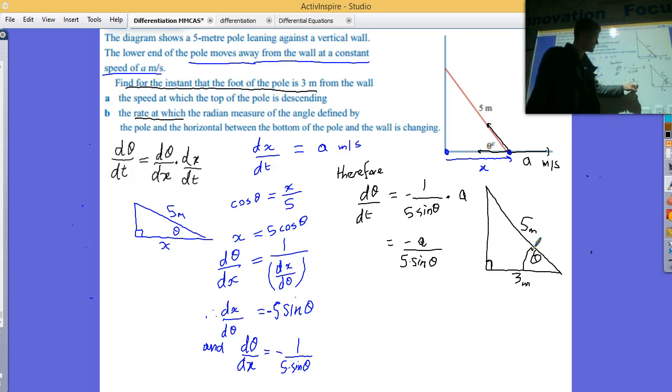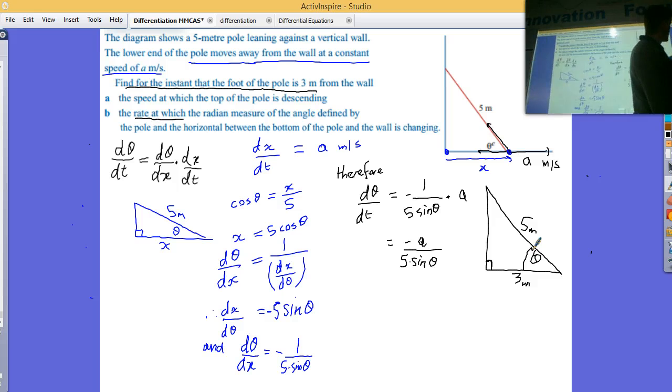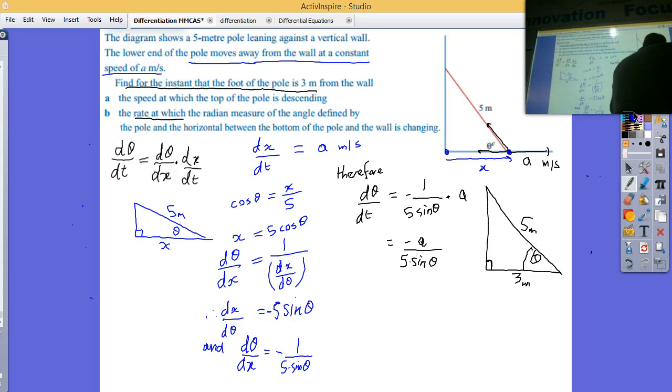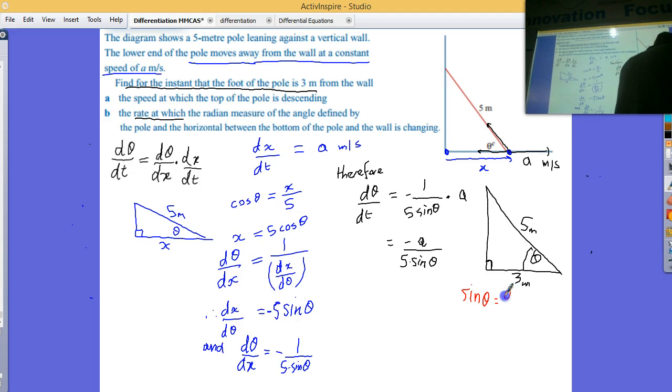If I've got sine of the angle here, I want to be able to replace that with a value. So I want to know, well, what is sine of the angle for this right angle triangle? I need to know what my opposite length is, since sine of the angle is the opposite side of the triangle over the hypotenuse.